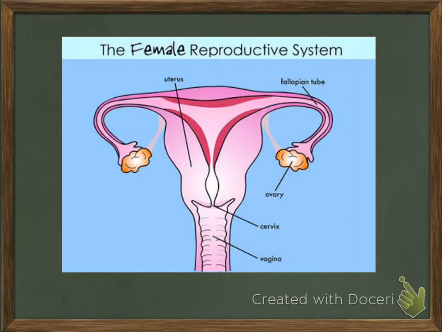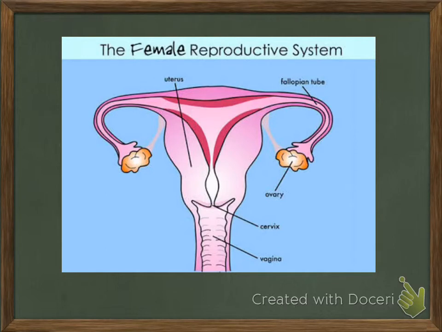These are located in the lower part of the abdomen. It is a complex system of several organs that produces egg cells and nourishes and protects the developing embryo. As I said in the beginning, the fertilization takes place in the mother's womb, which is the uterus of the mother.